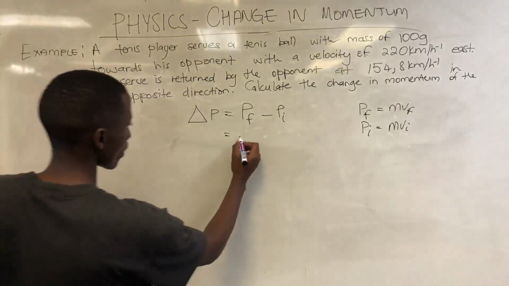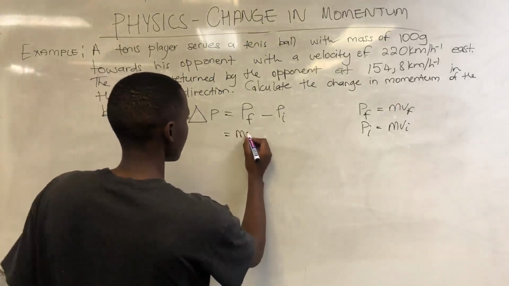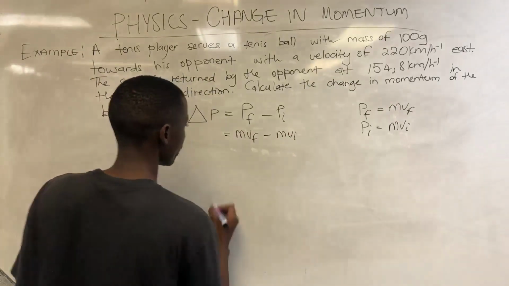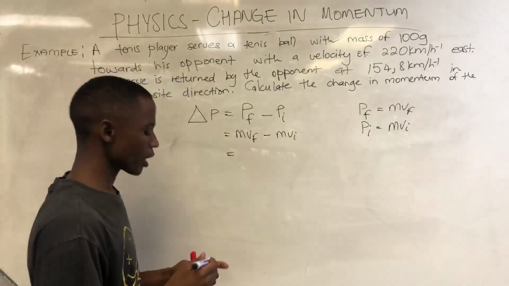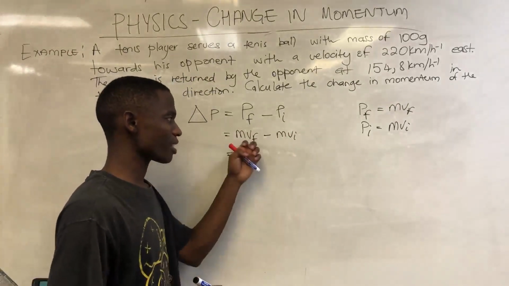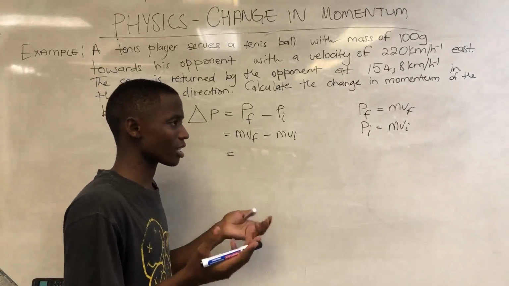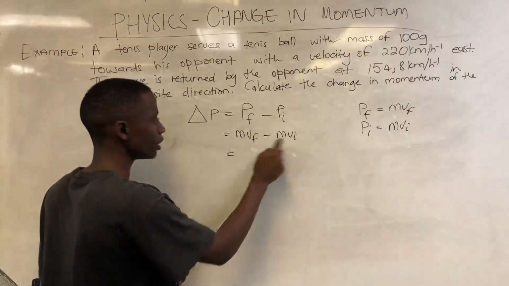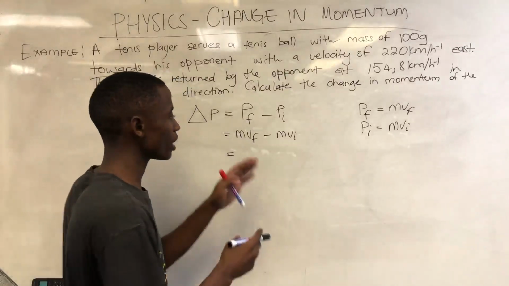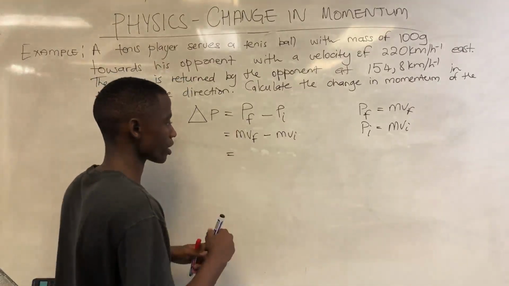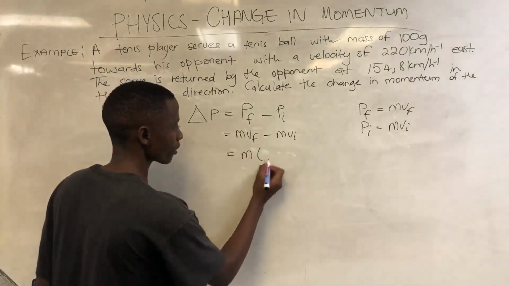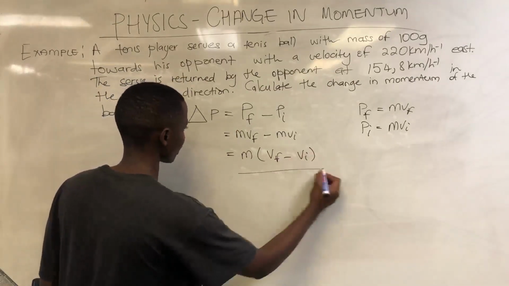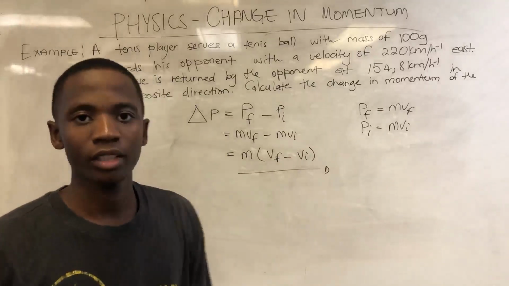So we have MVF minus MVI. You can clearly see that the mass is the same; the mass of the object doesn't change. It stays constant, only these two change. So in this case we have to factorize that M: M(VF minus VI). That's it.